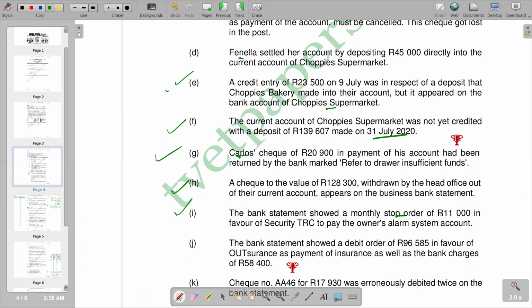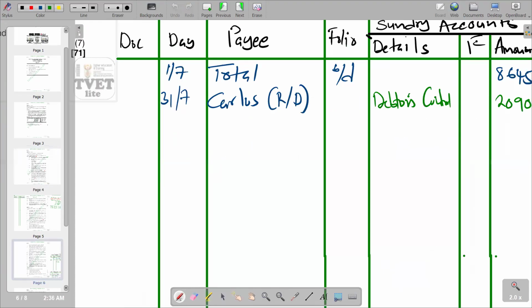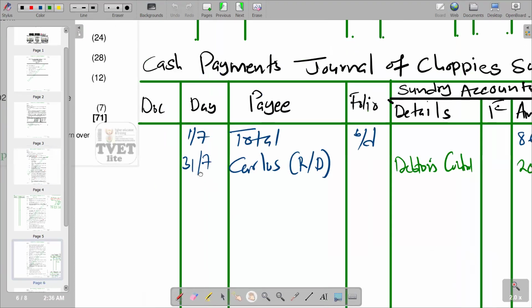So we go there and we see that it was to pay the owner's alarm system. So these are drawings. And we see that it's a stop order in favor of Security TRC. So Security TRC is going to be the payee. We go there and see the adjustments under the cash payment journal. So this is our cash payment journal.